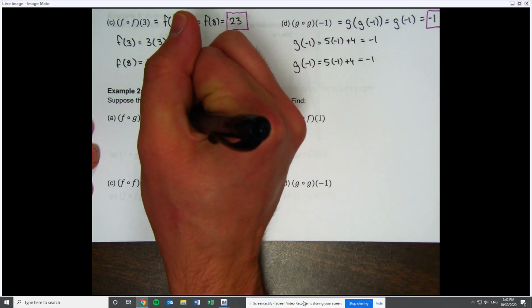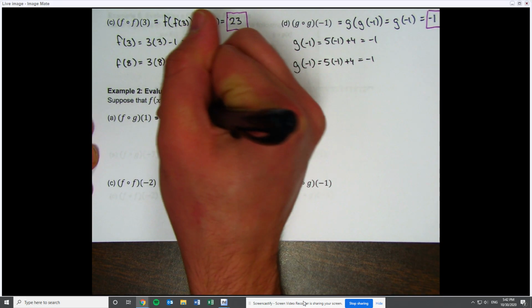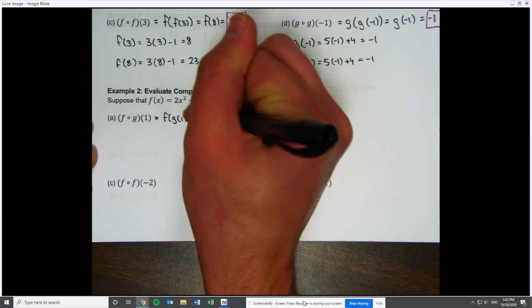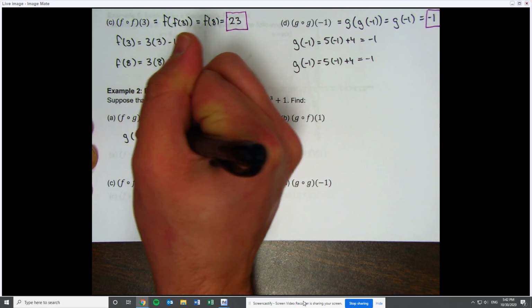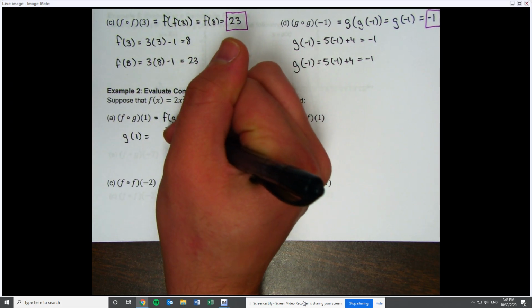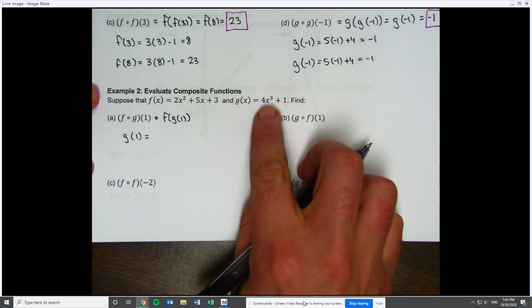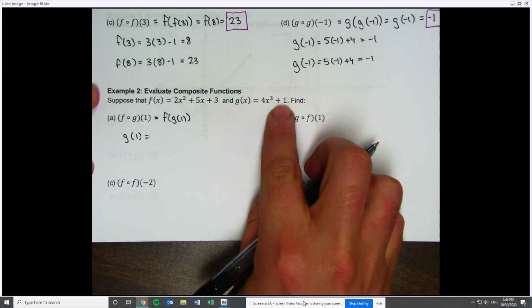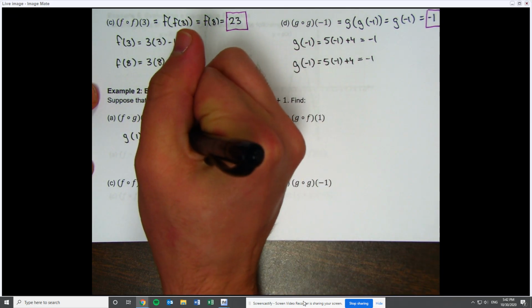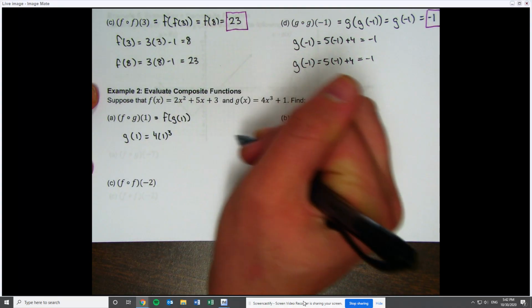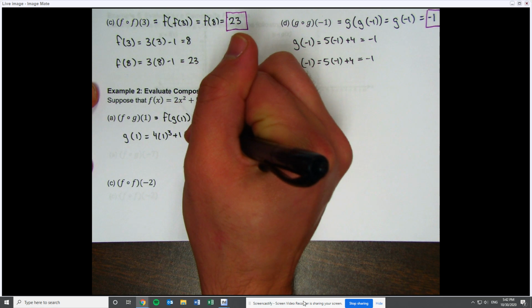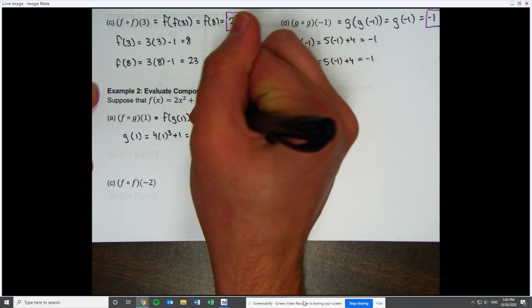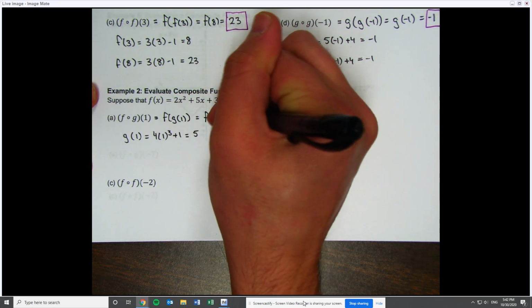Okay, so doing this now, I have f of g of 1. So evaluating first, I have g of 1. That's going to give me, looking at my new function, 4x to the third plus 1. So I have 4 times 1 to the third plus 1. Doing that, I wind up getting 5. Now I'm going to do f of 5.